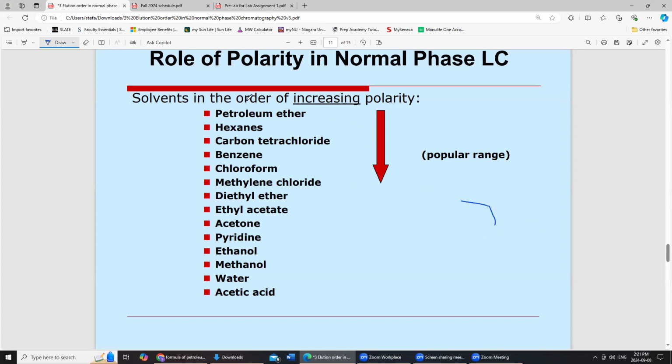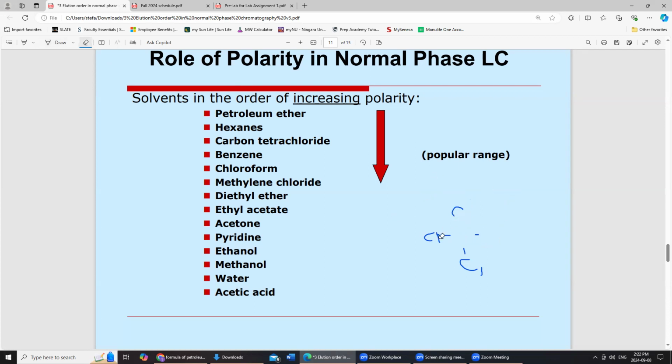Hexane, as a straight chain, would be your 1, 2, 3, 4, 5, 6 carbon chain. Carbon tetrachloride, so CCl4, with Cl coming off of every carbon, Cl, Cl, Cl, Cl. Sorry for my ugly writing.